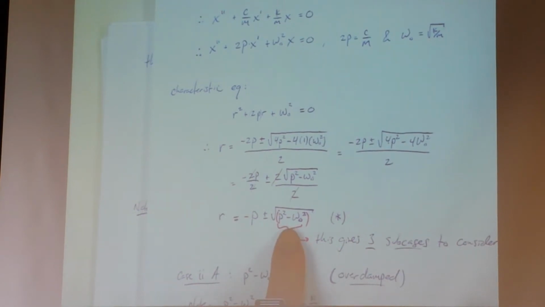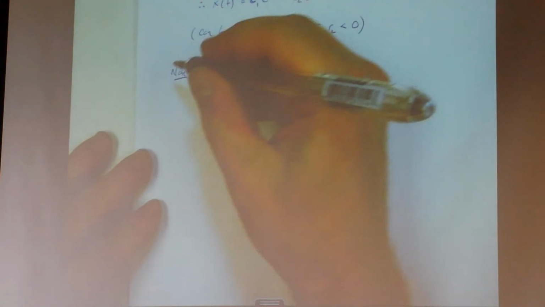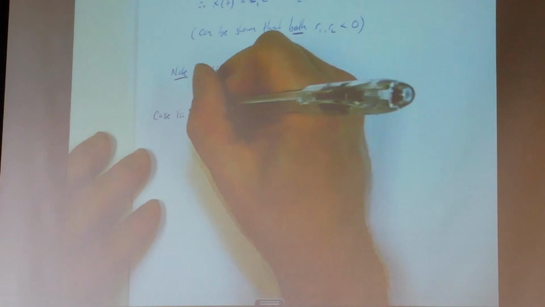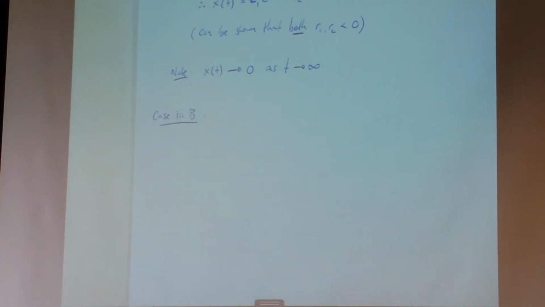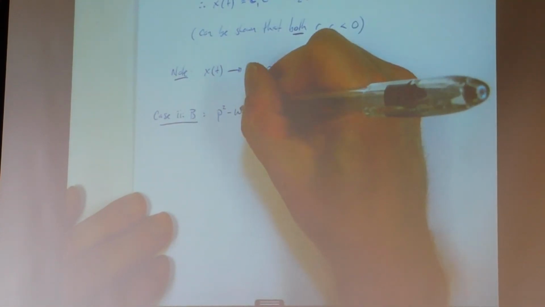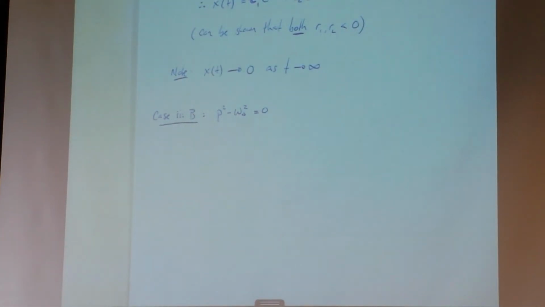So the second case we're going to look at is if this vanishes. In other words, if p squared minus omega naught squared is 0, right on the nose.